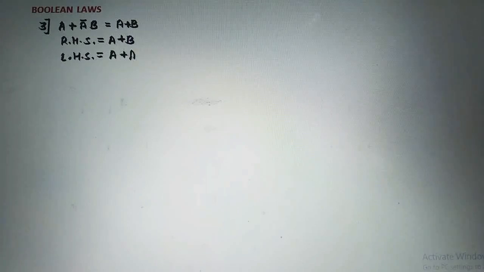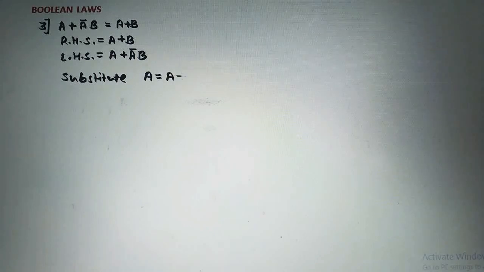It is A plus A bar B. Now we are substituting A is equal to A plus AB here.